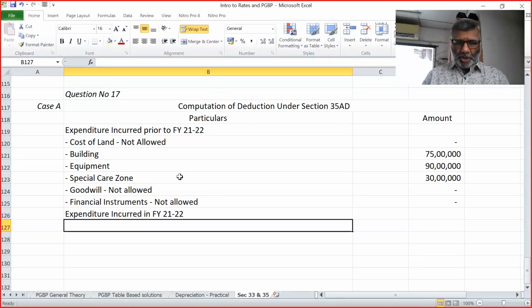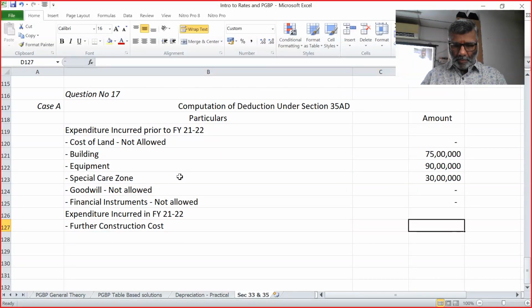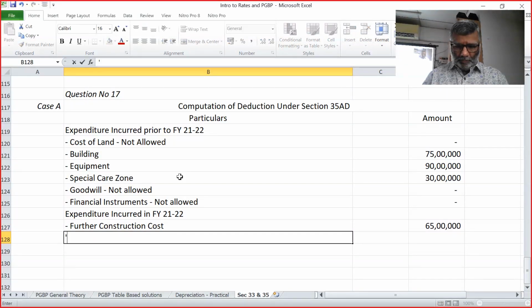Further construction cost 65 lakhs, additional land not allowed.